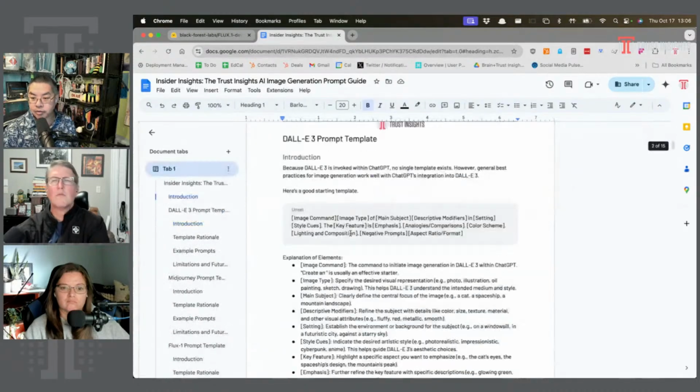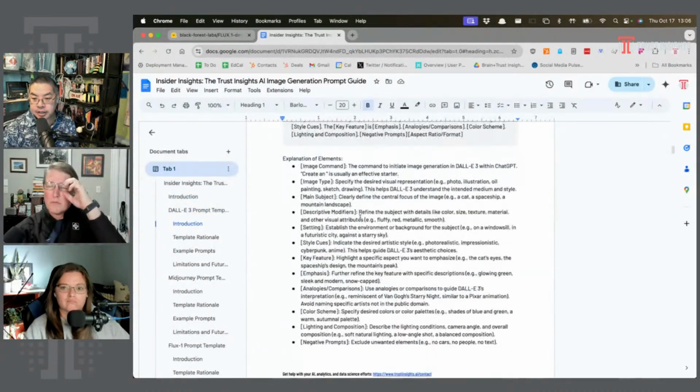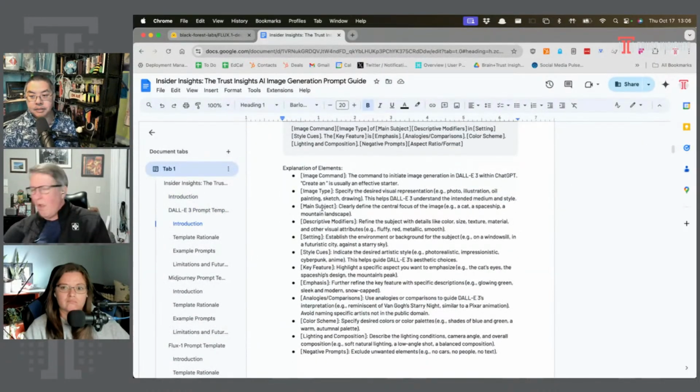So let's look at the one for Dall-E 3. These are the things that good Dall-E prompts have in common: an image command, an image type. Is it a photo? Is it an illustration? What's the main subject? What are the descriptive modifiers of the main subject? So in our case, we were talking about a professional blonde woman. What's the setting? Where is this located? What are the style cues? Photorealistic.